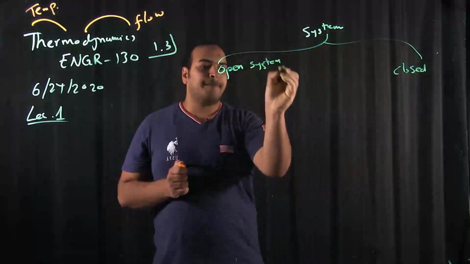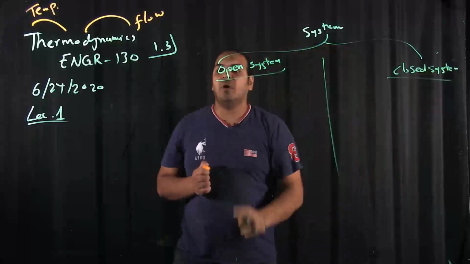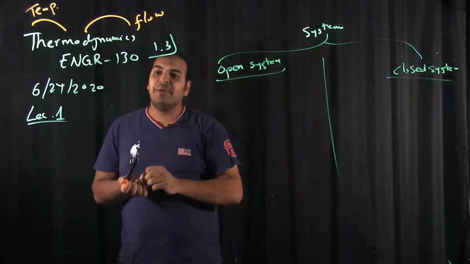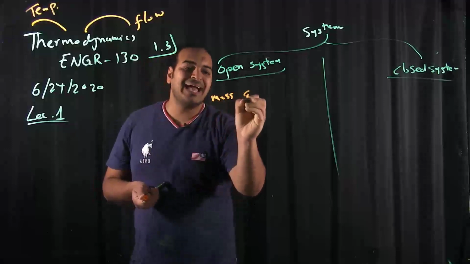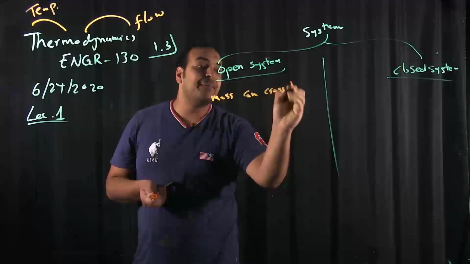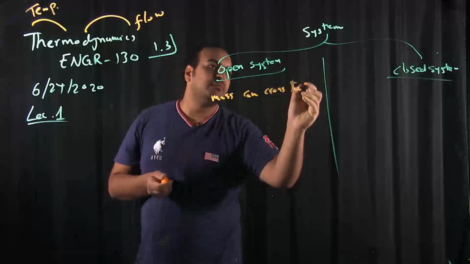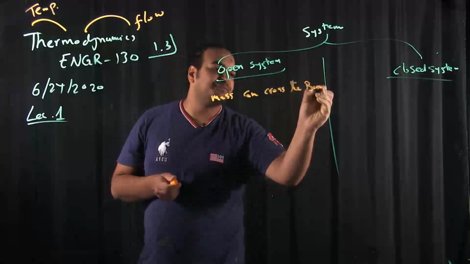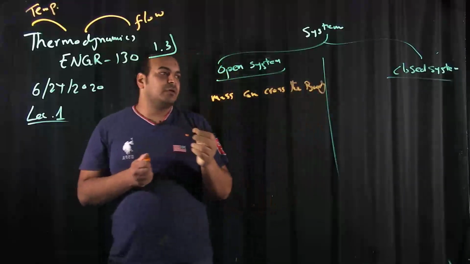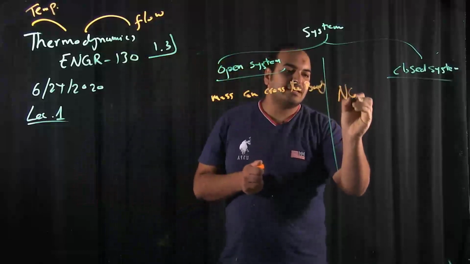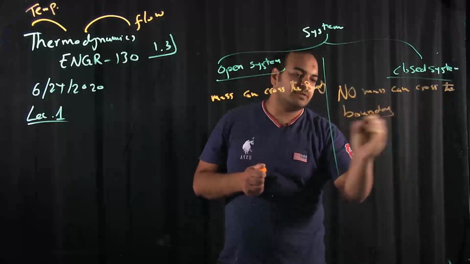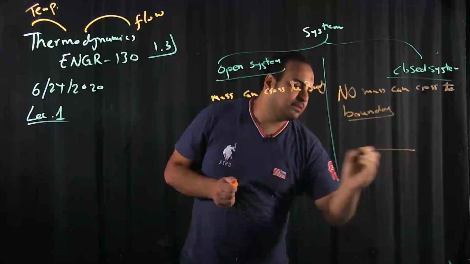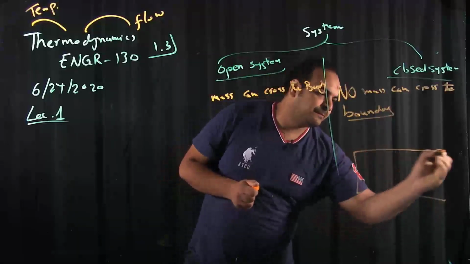Open system means something going in, something going out. So mass can cross the boundary. Closed system, no mass can cross the boundary. For simplicity, take a piston cylinder.